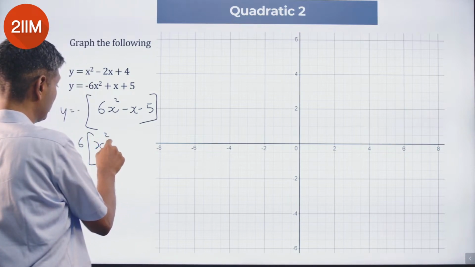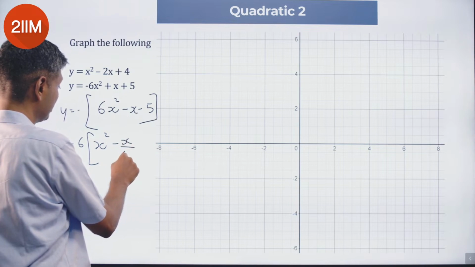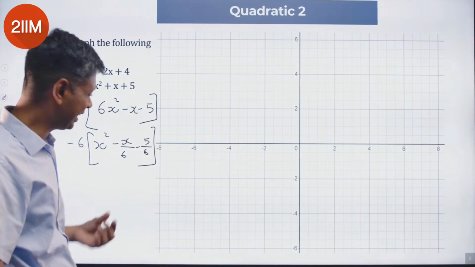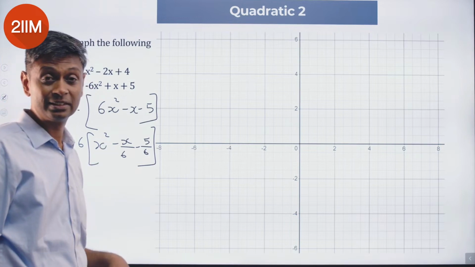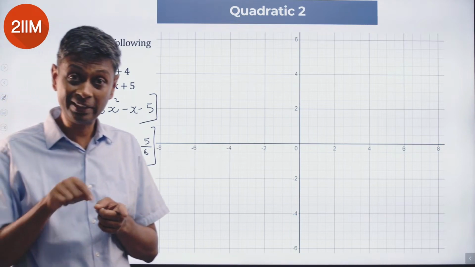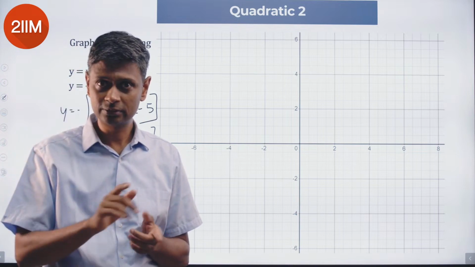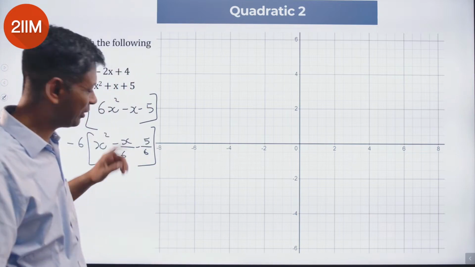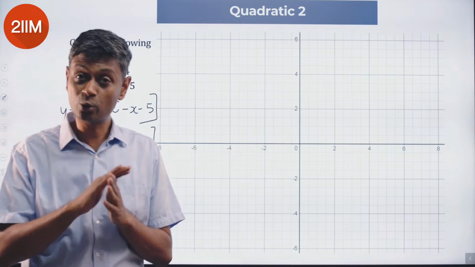So x square minus x by 6 minus 5 by 6. It's an x by 6 sitting there. So I can have 1 by 3 whole square, 1 by 12 whole square, becoming 1 by 6. 1 by 12 into 2 is 1 by 6.